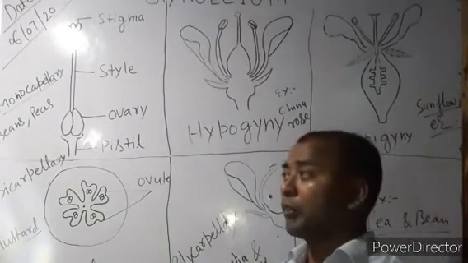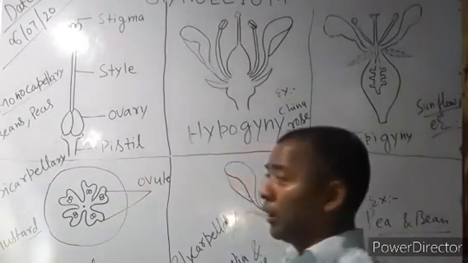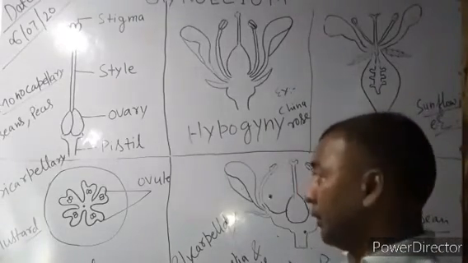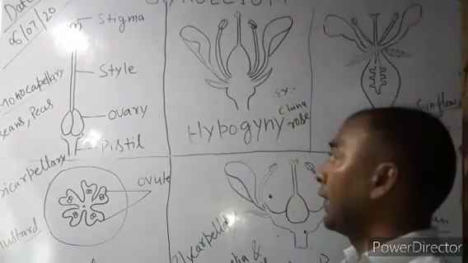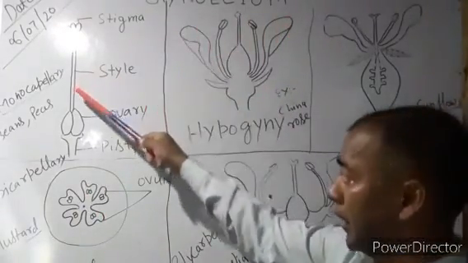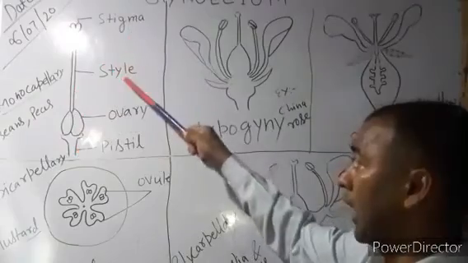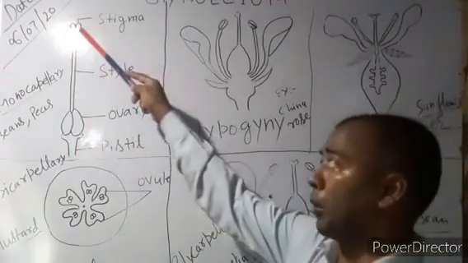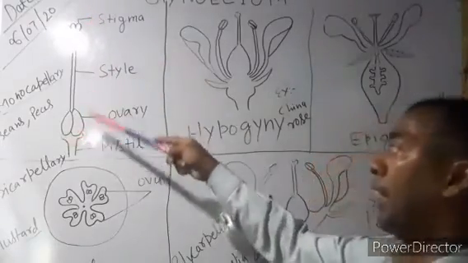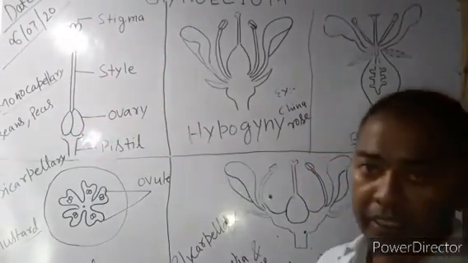Okay, so I have summarized all the topics related to the structure of the flower in this video, and I have told you about the gynoecium part: pistil, stigma, style and ovary. Stigma is the broader part. Style connects the stigma and ovary, and in the ovary, ovules are there.